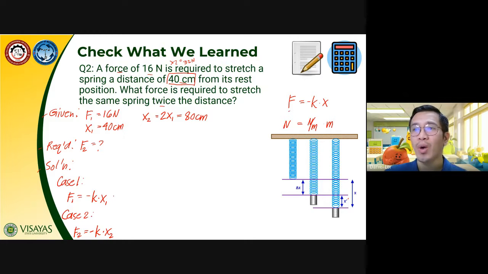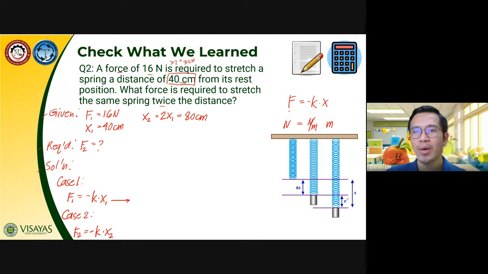From case 1, we can already solve for your spring constant k, because we know F sub 1 and we know the value of x sub 1. However, I would like you to practice this manipulation of equation so that we substitute the values only in our final answer.